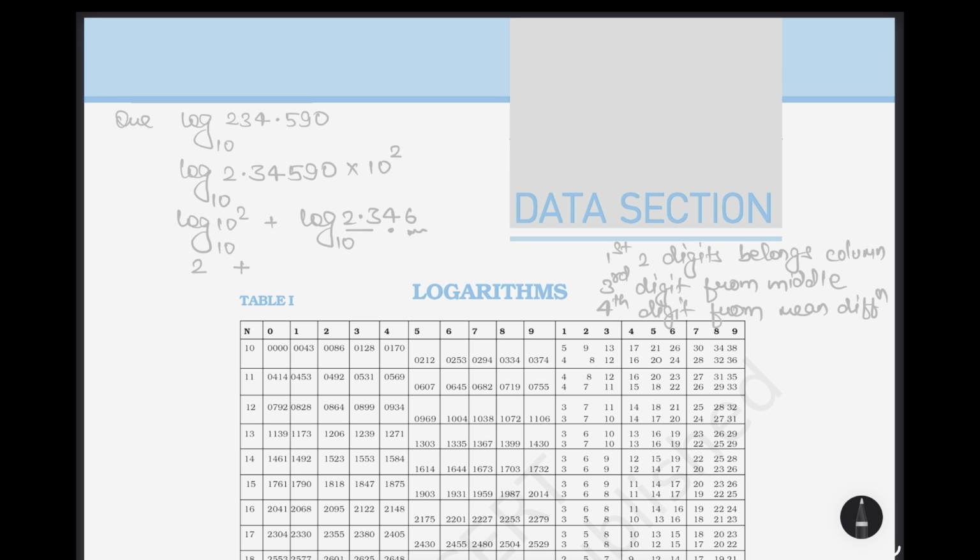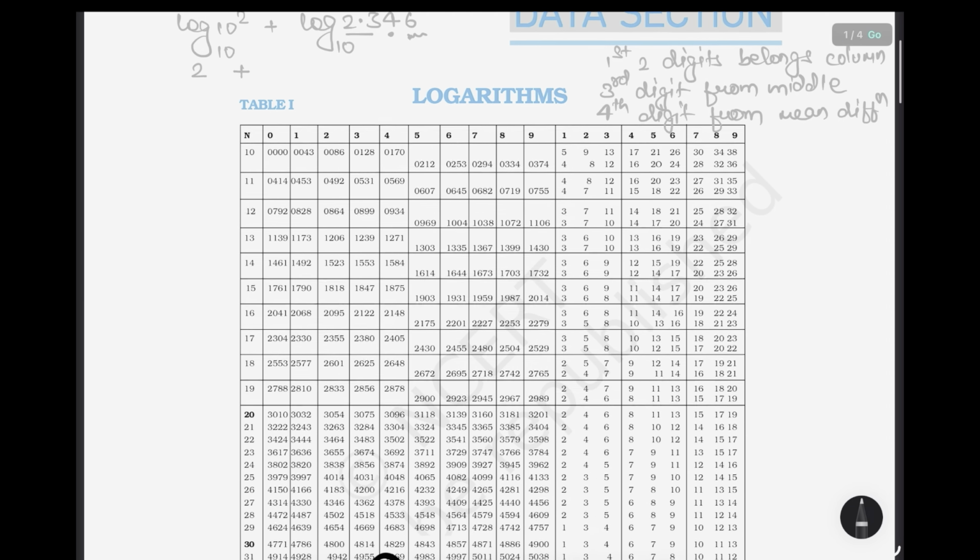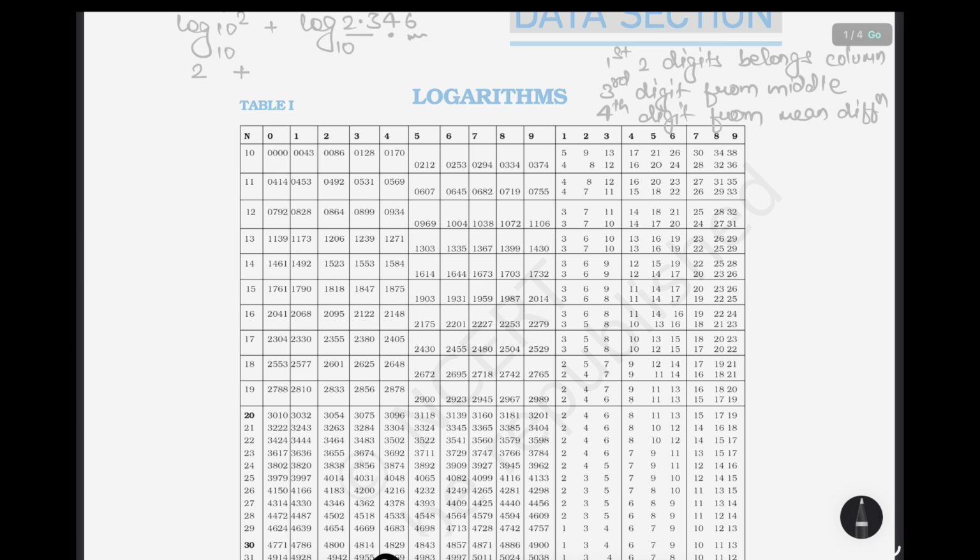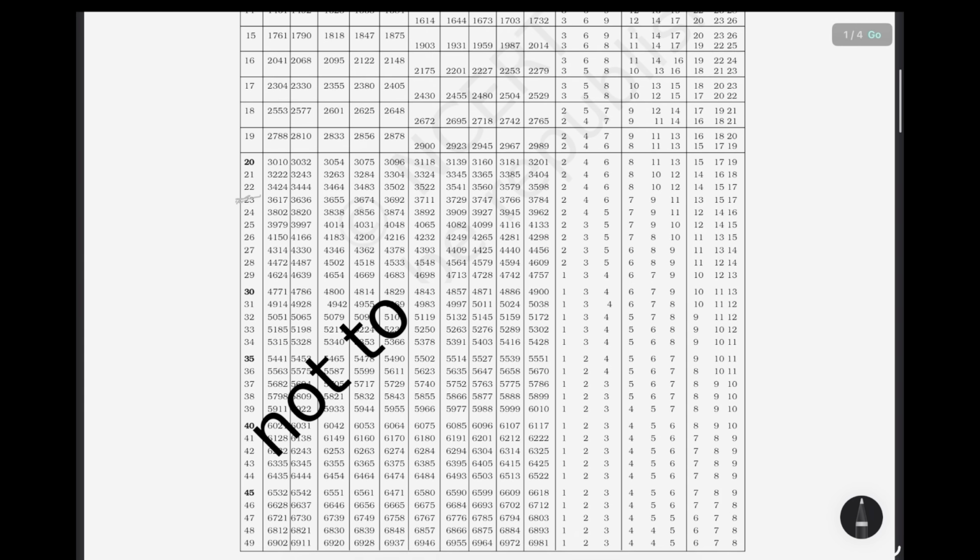Now look at how we will calculate the value. Focus on the first 2 digits. The first 2 digits say 23, so look at your 23.